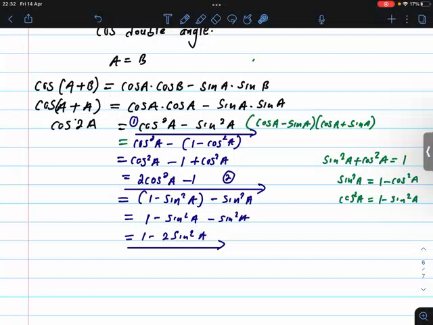Why is it important for us to be able to do these things? It is extremely important to know them, because when you are solving or simplifying and you are given a cos 2A, you want to be able to choose whichever of these three is convenient for that specific question.